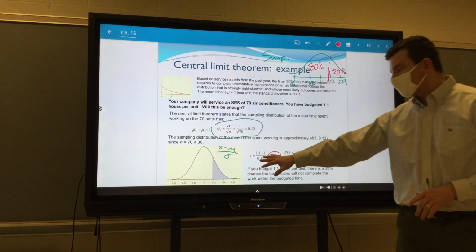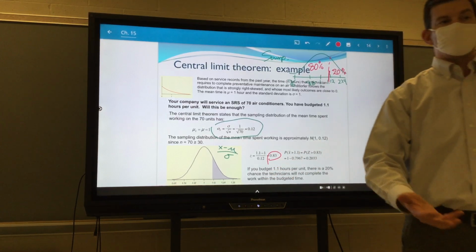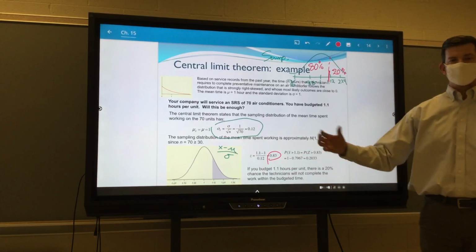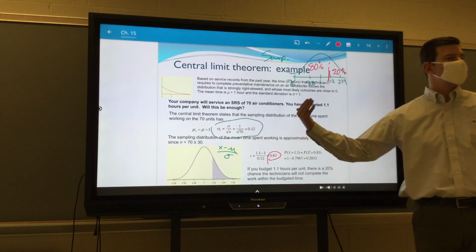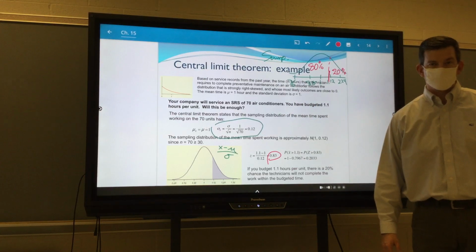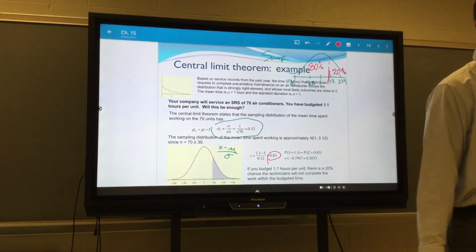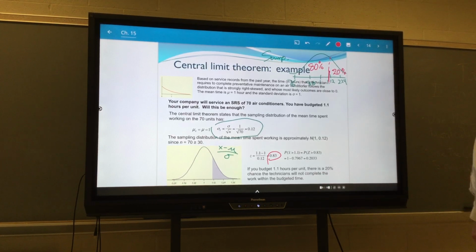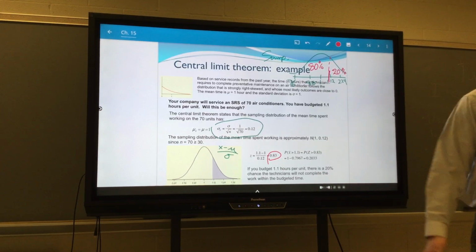We kind of showed this by hand, but again, you can clearly go to GeoGebra, put the mean of 1, standard deviation of 0.12, and get these same things. It doesn't change. Use the tools that are available to you. That's what I was saying at the beginning of class. Questions right now?